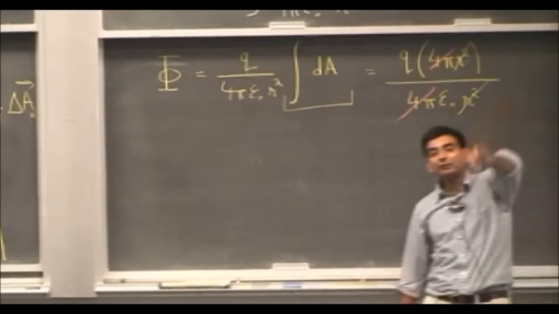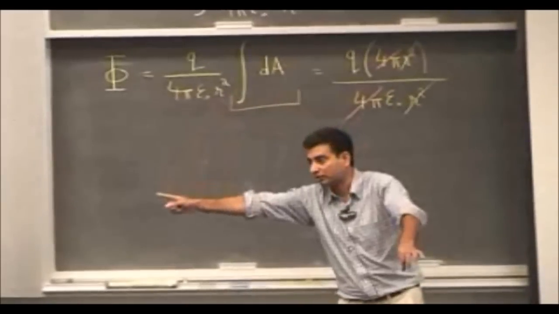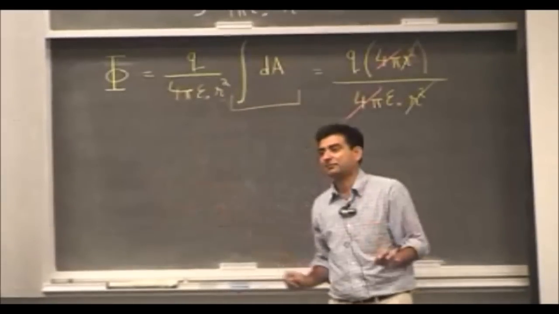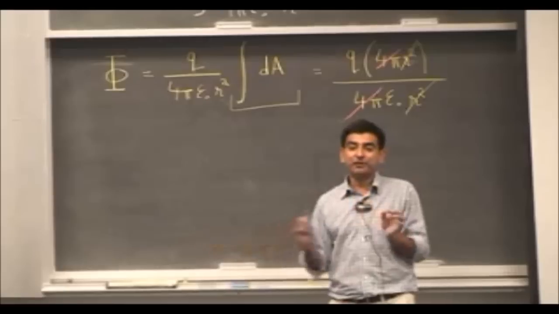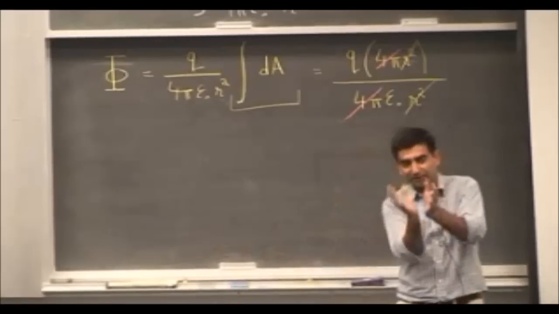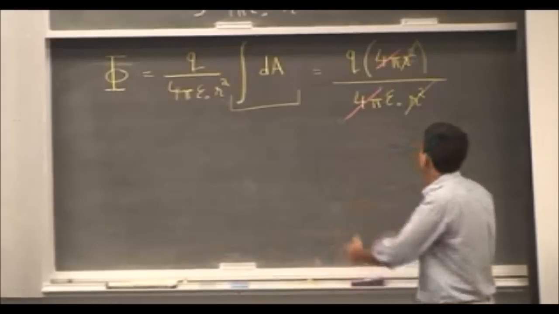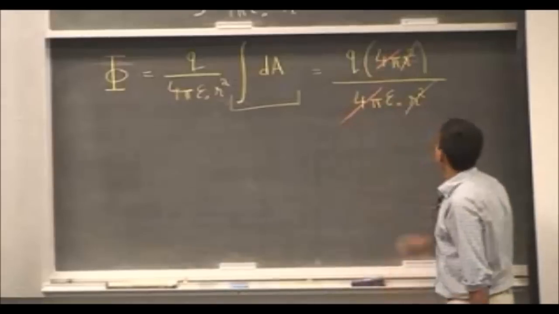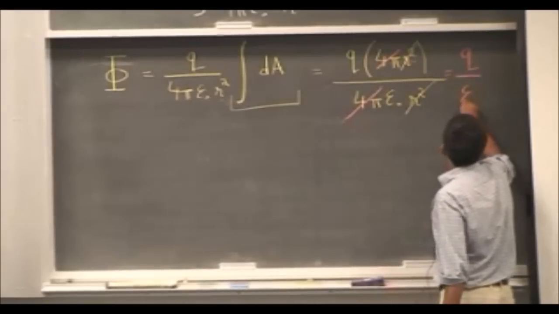So putting a 1 over 4 pi factor in the original version of Coulomb's law is helpful because it helps us in subsequent cancellations. So when we're talking about SI units, we put in a 1 over 4 pi factor, and it turns out to be a fortuitous choice because the 4 pi cancels out here. And we are left with a simple Q over epsilon naught.